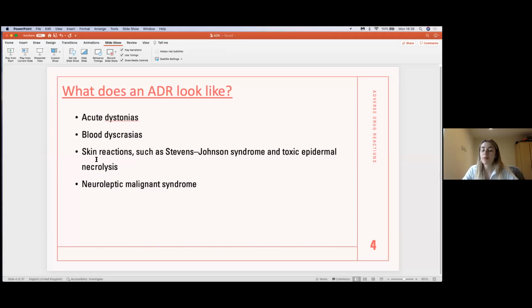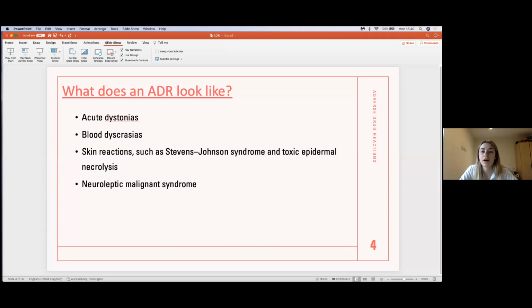Most popular, you'd see a skin reaction, so I'll touch on this a little bit later, but there's something called Stevens-Johnson syndrome or toxic epidermal necrolysis. This is a full body reaction to a drug, and you can also get neuroleptic malignant syndrome.